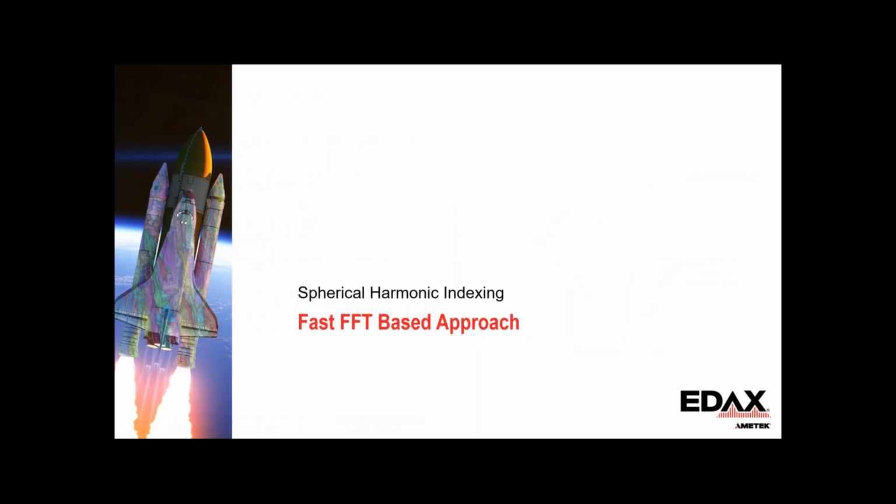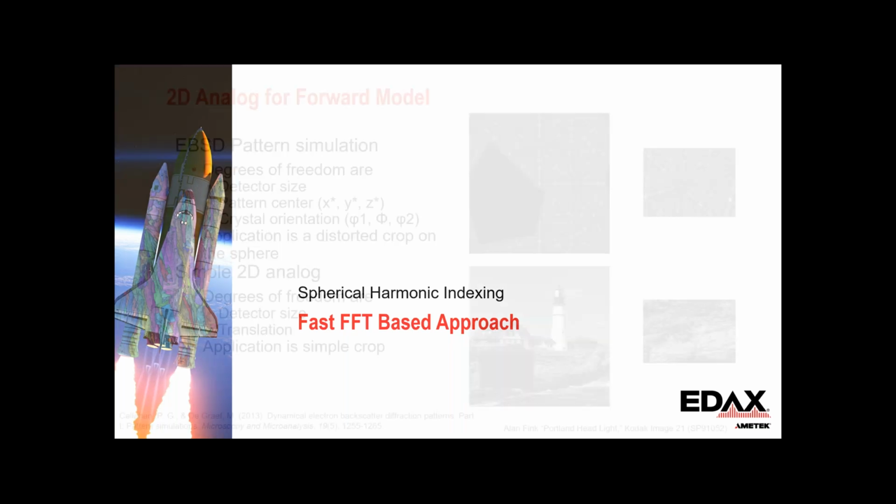But we'd like to be able to get the robustness of the forward model indexing with a faster approach. And so that's what the spherical harmonic indexing is for. And it's basically you do the same type of approach as dictionary indexing, but use an FFT to get a speed improvement.